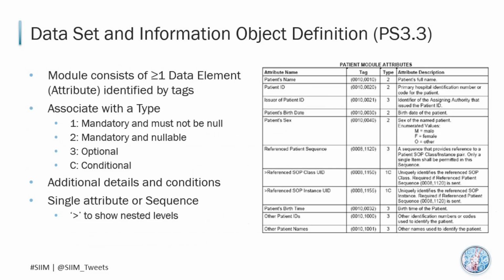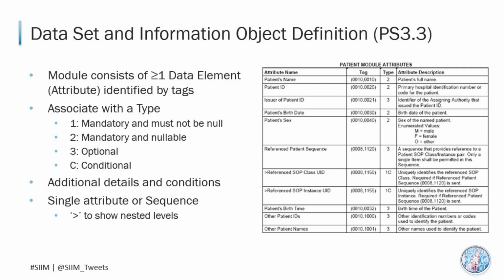Absolutely. An IOD is broken down into modules that group related attributes together. It is helpful sometimes because common attributes like patient can simply be referenced in other parts of the specification without duplication. A module consists of one or more data elements or DICOM attributes identified by a tag.